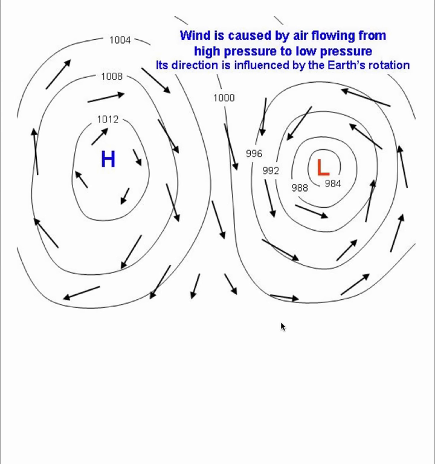Its direction is influenced by the Earth's rotation. So in the northern hemisphere, our high pressures spin outward clockwise, and our low pressures spin inward counterclockwise, and essentially air feeds from one into the other. And it goes from high pressure, you can see here, 1012 millibars, all the way to 984 millibars on the low.